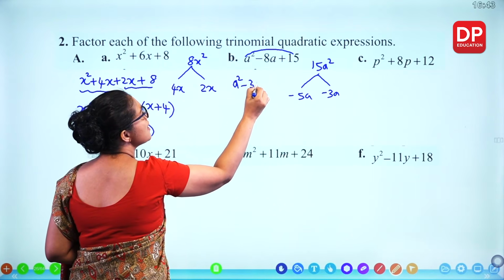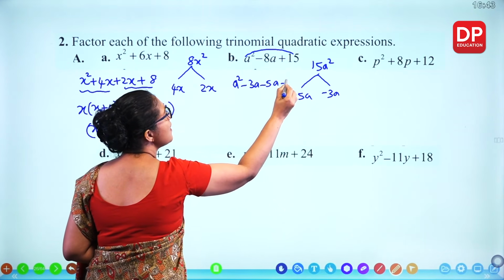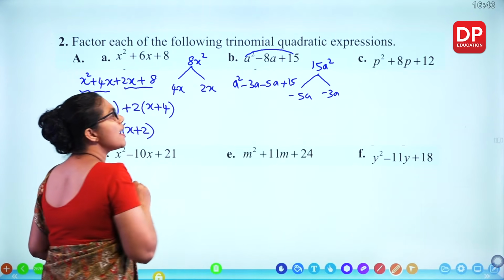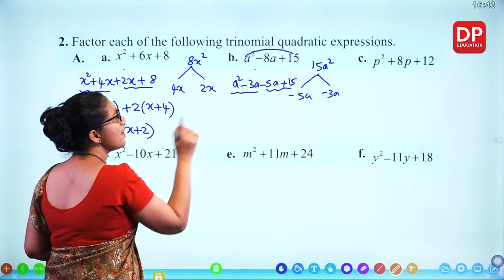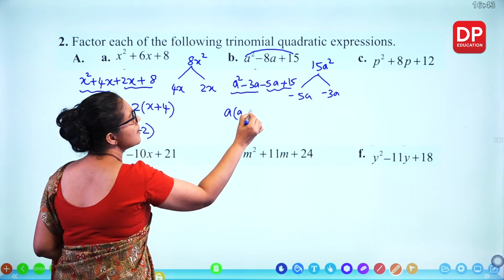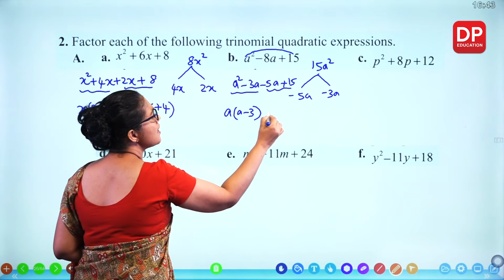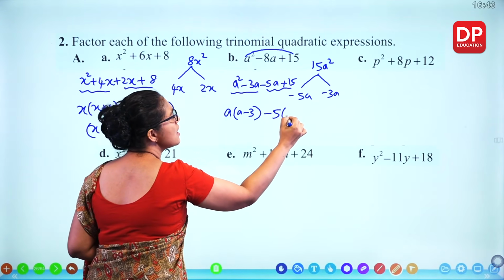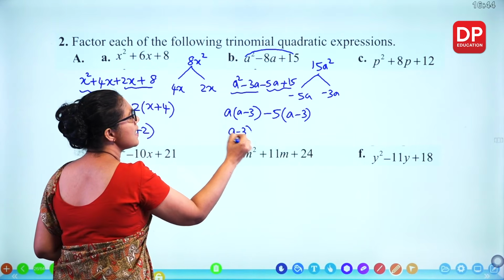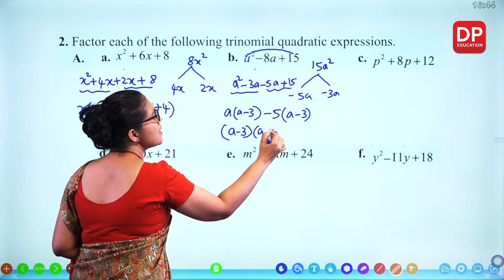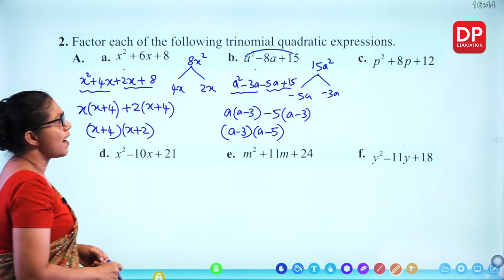You can write minus 3a and minus 5a instead of minus 8a. Take the first two separately, last two separately, and you can write a minus 3, minus 5, take it out, a minus 3. So a minus 3, you can take it out and write a minus 5.